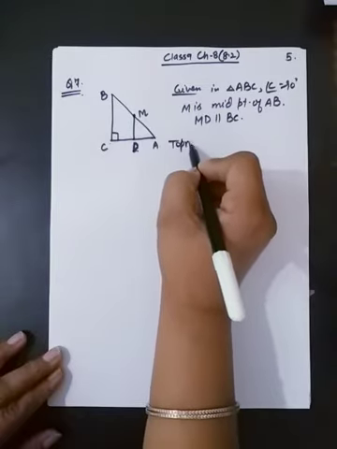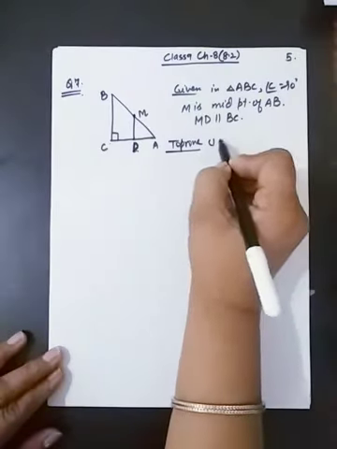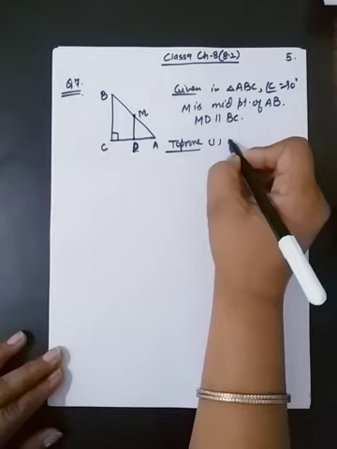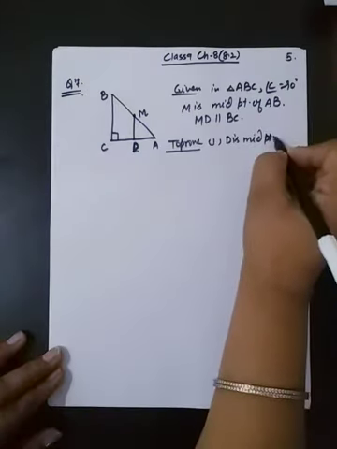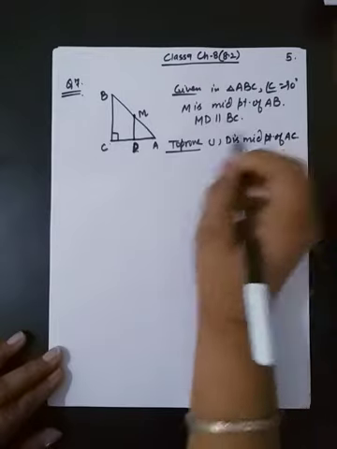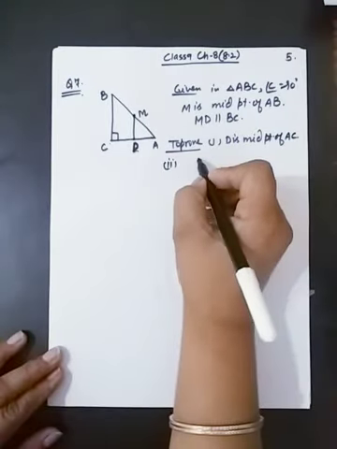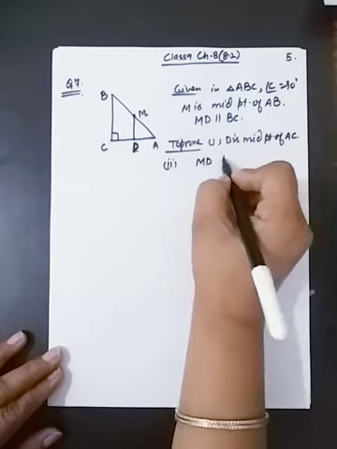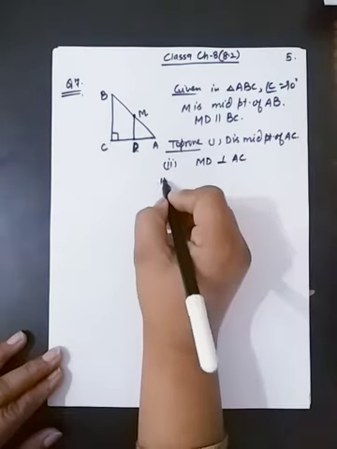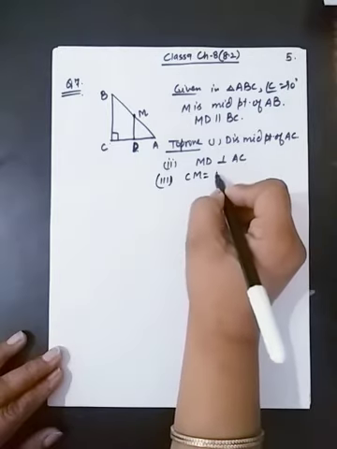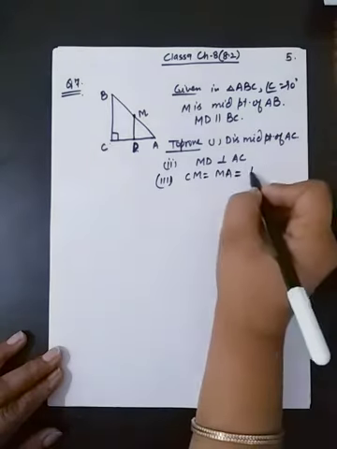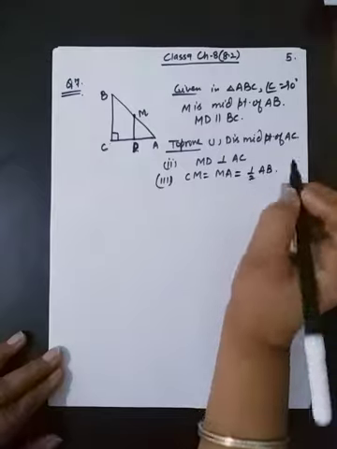To prove D is midpoint of AC and second part to prove, MD is perpendicular to AC and in third part we have to prove CM is equal to MA is equal to half of AB.